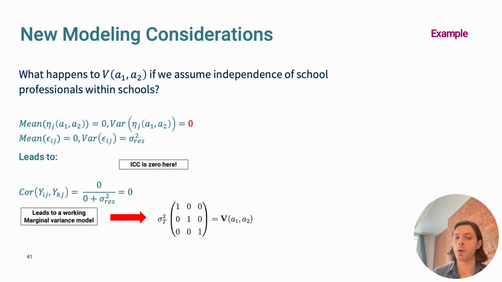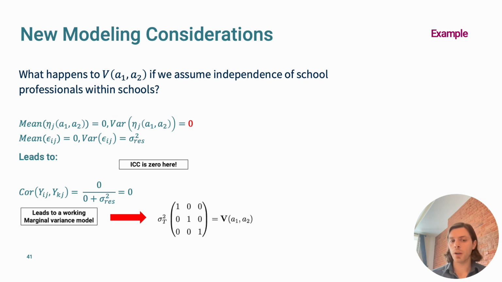And they don't overlap on any days. They're not in communication. Why should these outcomes be correlated? Well, if you say that's the case, then the variance of eta j, well, there is no school level variance. So we're going to set that equal to 0. And if we do and follow through with the math, then the correlation between 2 school professionals' outcomes in a given school is going to be 0.